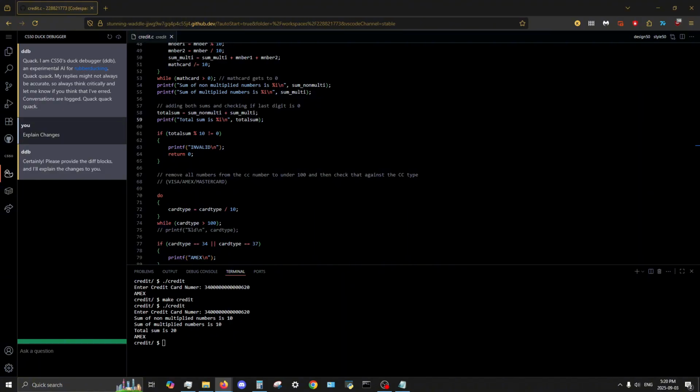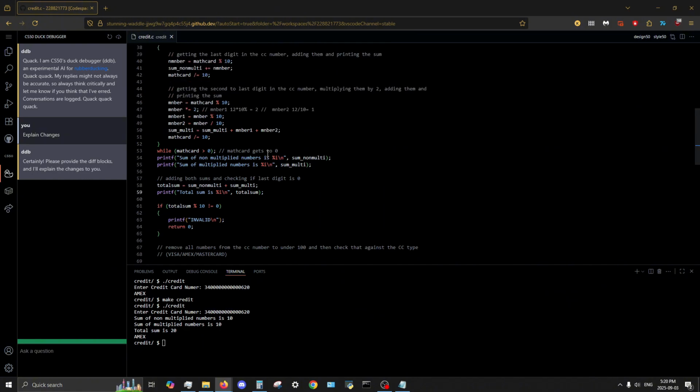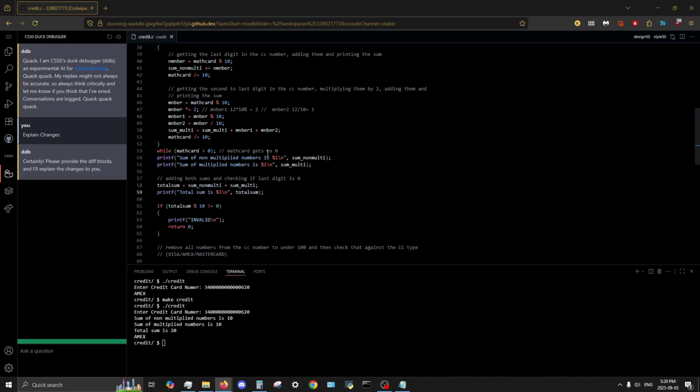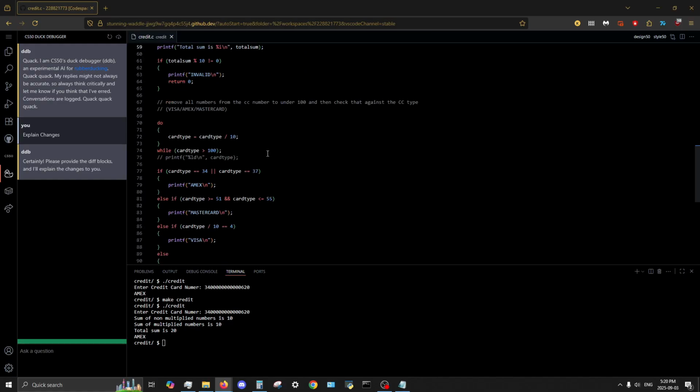Oh, so it's not the Amex length. Oh, what the fuck? So it is the length of a Visa and a MasterCard, but it is an Amex digit, so it should be rejected. Wonka? I didn't think about that at all.